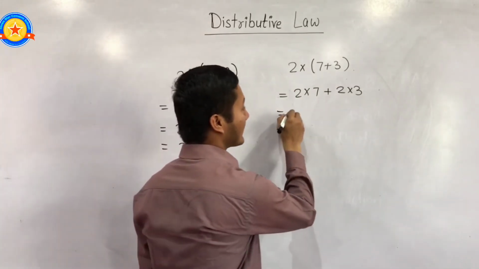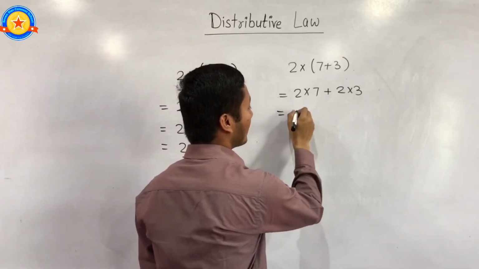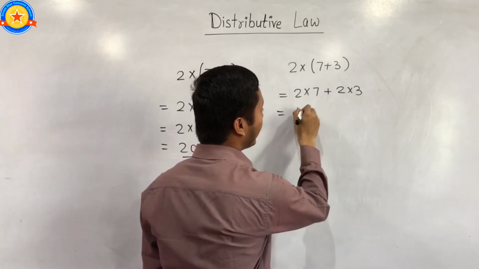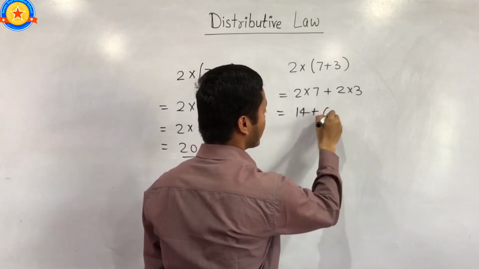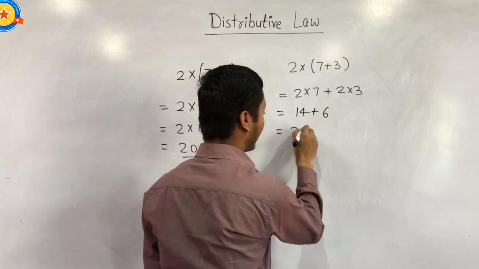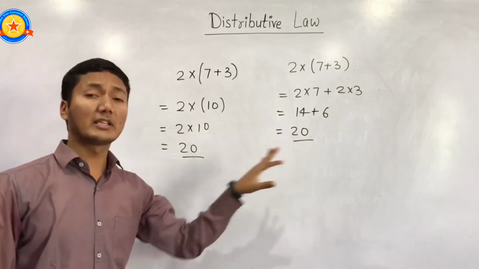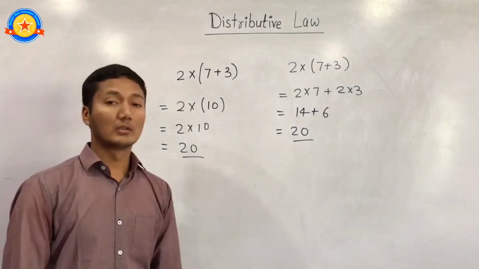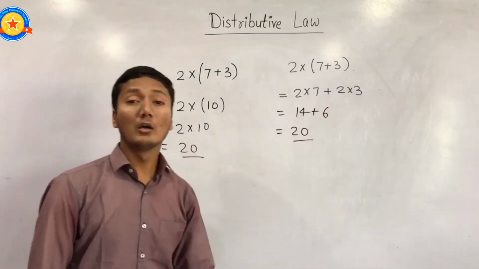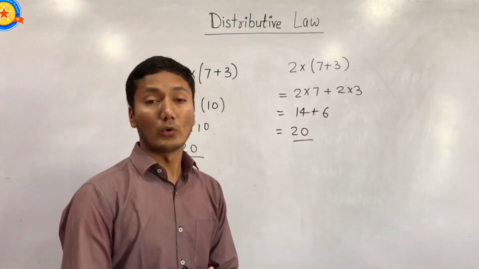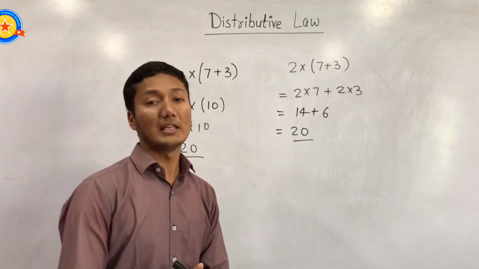Now 7 into 2 becomes 14, plus 2 into 3 becomes 6. Now finally we have the answer of 20. In both cases the answer will be the same, but sometimes the distributive law makes the solutions of questions very easy.